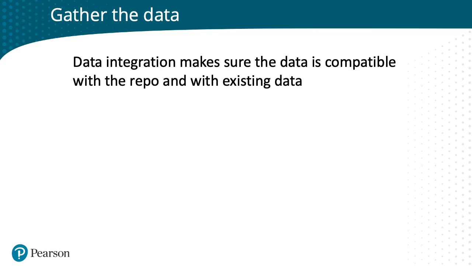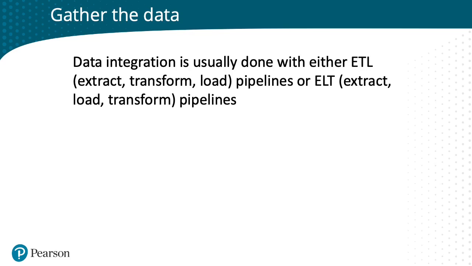Then, once we have the data in our central location, we do data integration. So this is when we make sure our data is compatible with the repo and with the existing data. So at this point, we usually turn to an ETL pipeline.